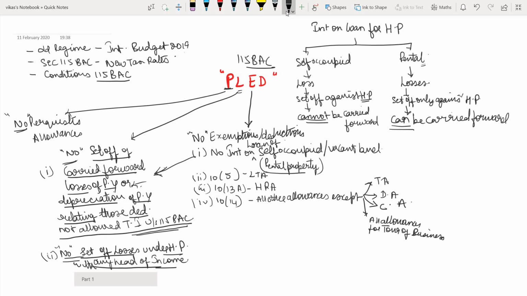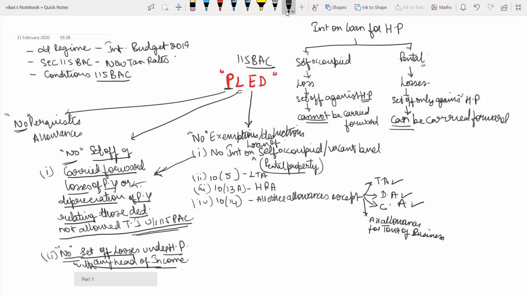Travel allowance, if it is used for commuting between the place of residence and the place of duty, will be allowed as deduction. Daily allowance, that is, a charge incurred by the employee on account of absence from his normal place of duty, will also be allowed.